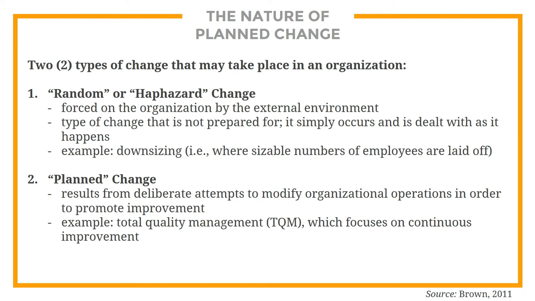We also have planned change, which results from deliberate attempts to modify organizational operations in order to promote improvement. An example would be total quality management, or TQM, which focuses on continuous change, or continuous improvement rather.